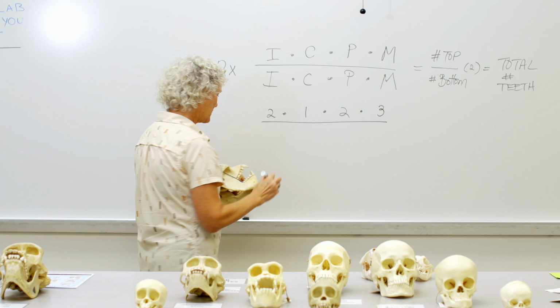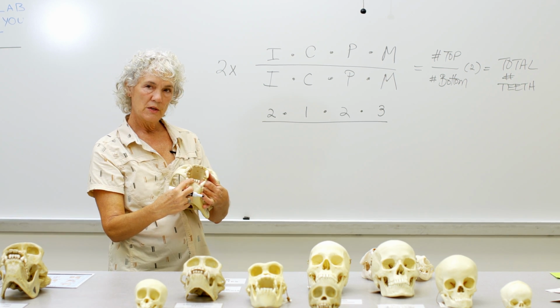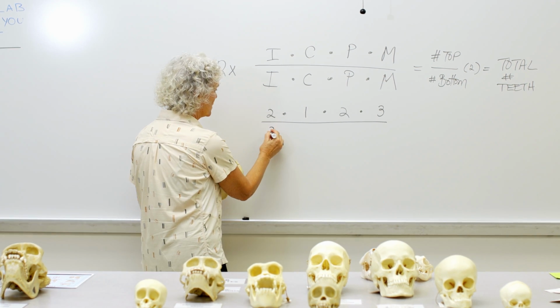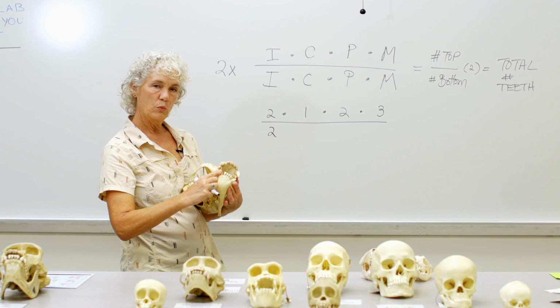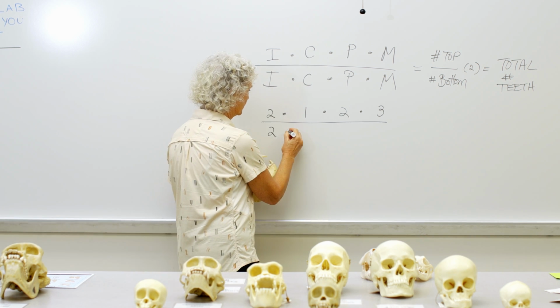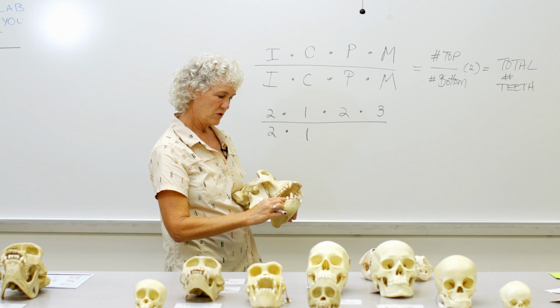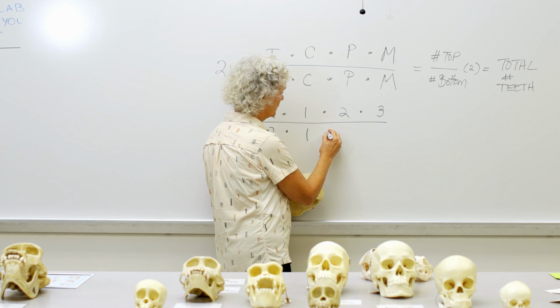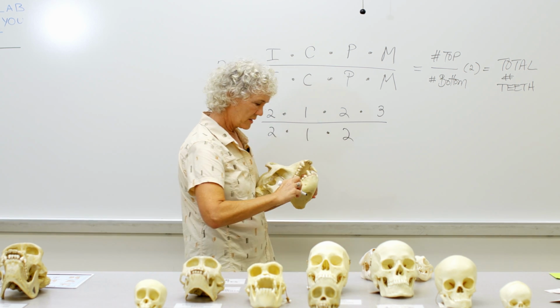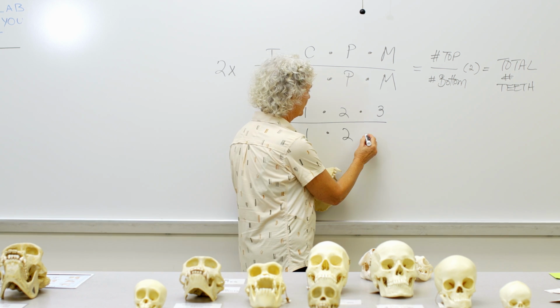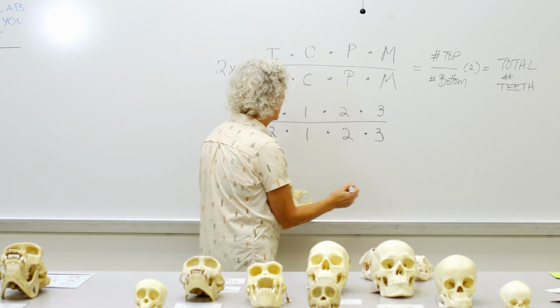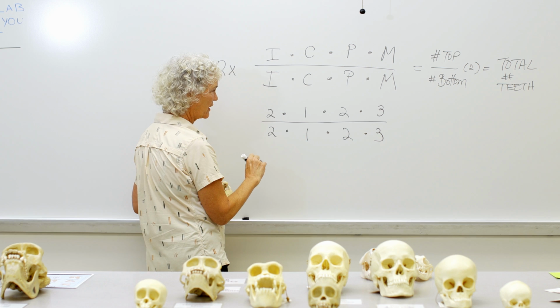And likewise, I'm going to count the same on the bottom: 2 incisors, 1 canine, 2 premolars, and 3 molars. All right, so I'm going to add those together.